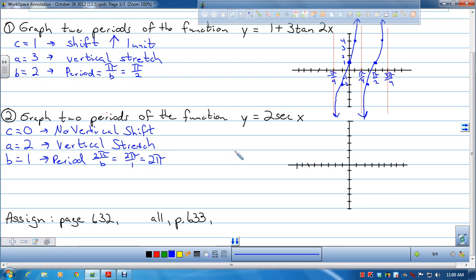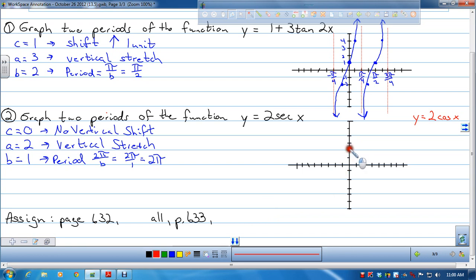Now, I think that sometimes it is easier to go in and graph the reciprocal function, because those seem to be the one that people catch on to. So the reciprocal function would be y equals 2, and what's the reciprocal of secant? It would be cosine of x. So if I were to graph that, I know the amplitude is 2, right?